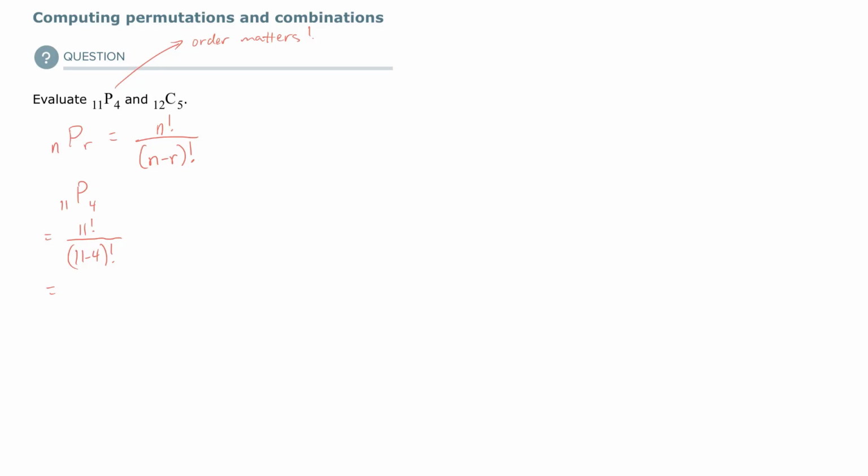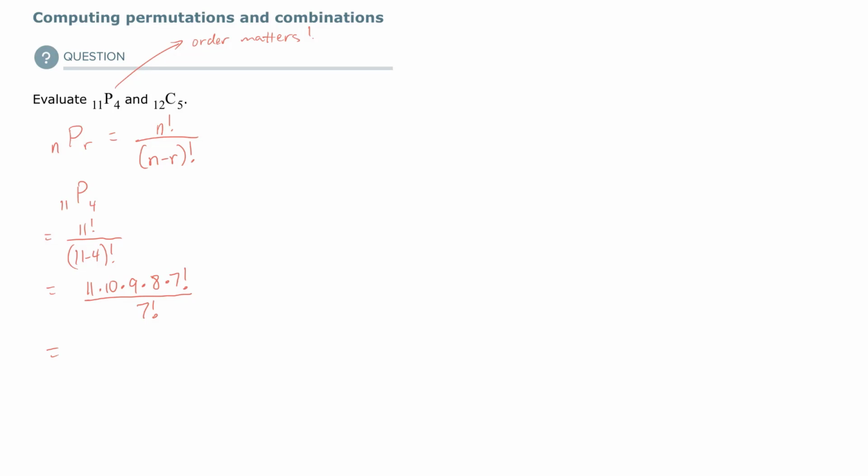And of course, that's just 7 factorial. Then with factorials, you just count them down to the appropriate common factor, and then we reduce the common factors. And of course, you could put the remaining number in a calculator, and out comes the output. Let's do that really quick.